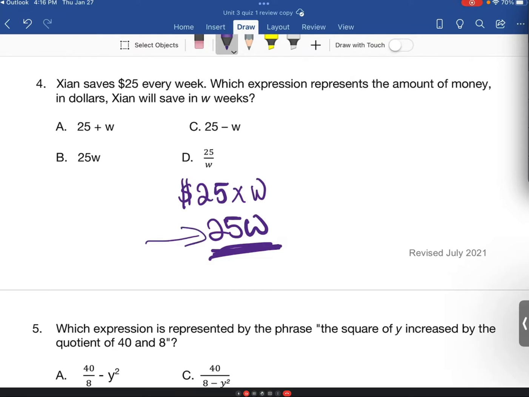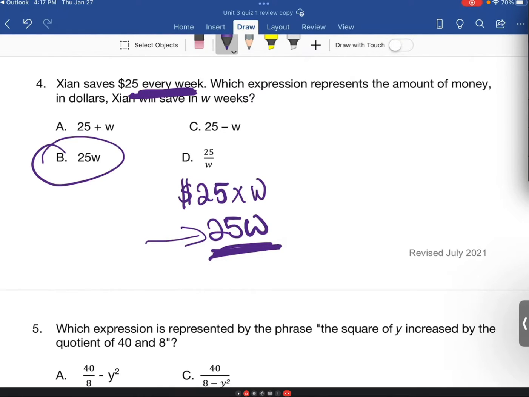This is called a coefficient because it's a number next to a variable. And that is B, okay? And there are clues in your wording here, right? Every week, that's going to be either multiplication or division, and we know that it usually means multiplication, right?